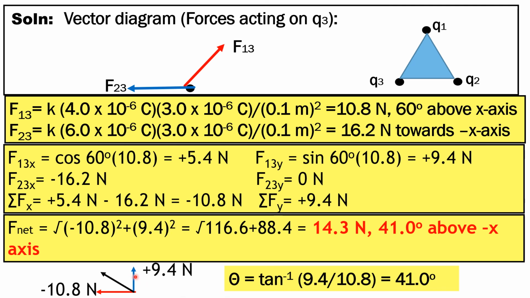So the x component is labeled here as the red arrow directed to the left, whose magnitude is 10.8 newtons, while the y component, which is positive 9.4 newtons, is in the upward or positive y direction. And if you add them vectorially to get the resultant force, which is labeled here by the black arrow, that is exactly the meaning of 14.3 newtons.